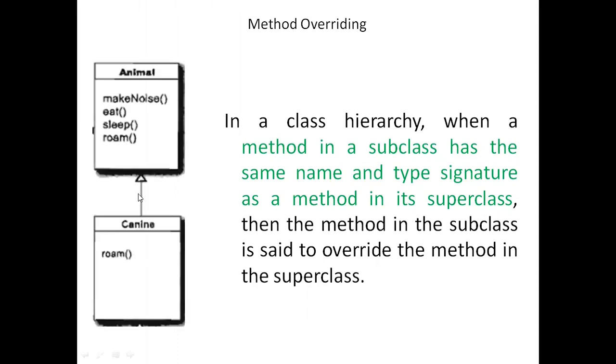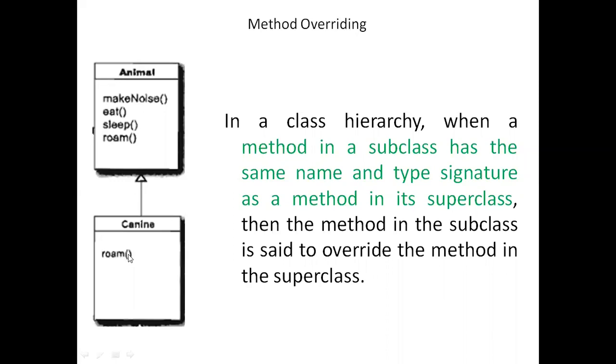What does this mean? Let us assume that I have class Animal and class Canine, which extends Animal. So automatically all the methods in Animal are also present in the Canine class, as Canine is extending Animal. But I just want to change the way Roam behaves in the child class.